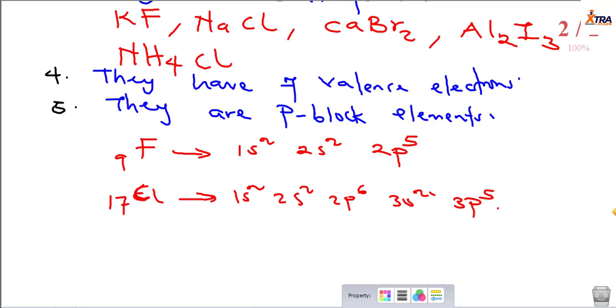How do they ionize? What can we say about the ionization? They ionize because they're in group 7, which means they require just 1 more electron to form a stable octet.